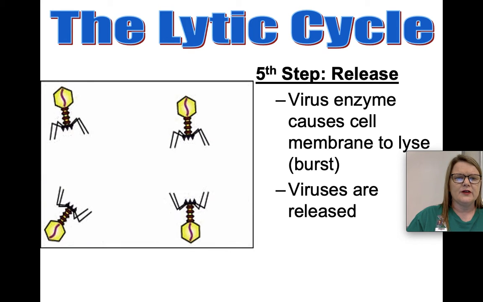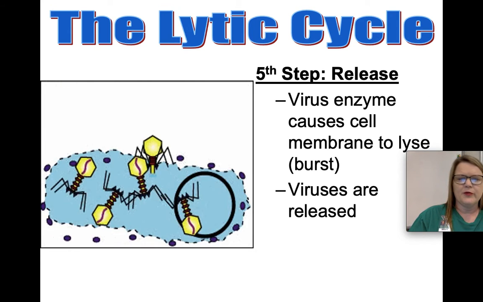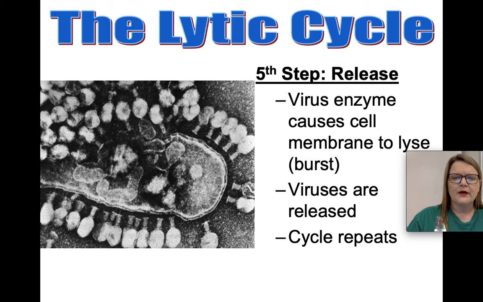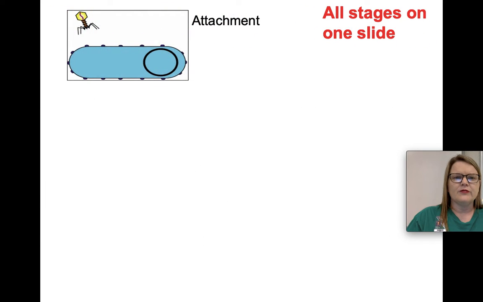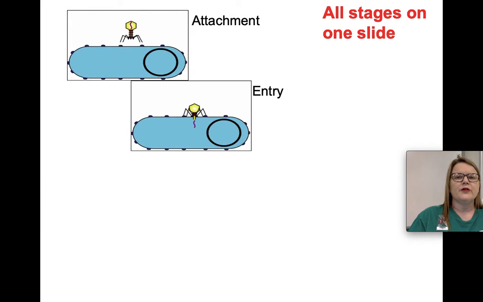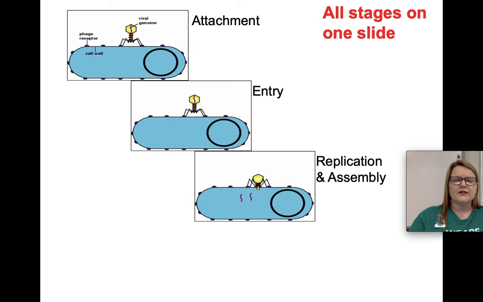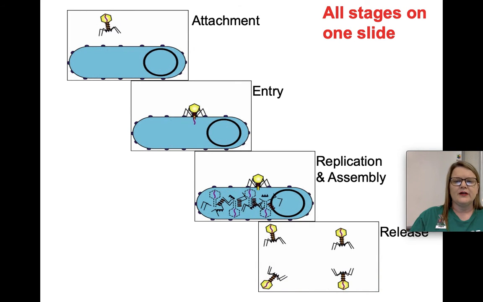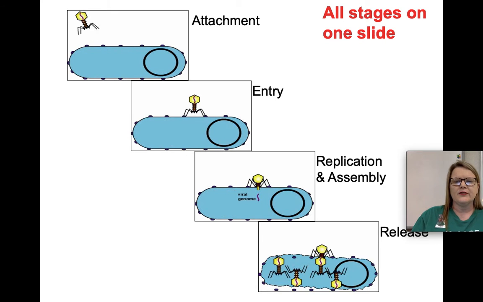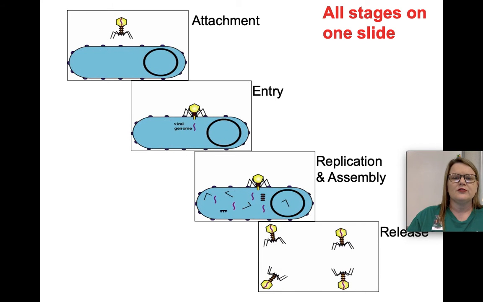In our case, in bacteria, released to be able to infect other bacteria. And the cycle can then repeat itself. So here's all the stages on one slide. You have attachment, entry of the genetic material, replication of the virus within the cell, and then finally the lysing or bursting of the cell and release of the virus into the surrounding area.